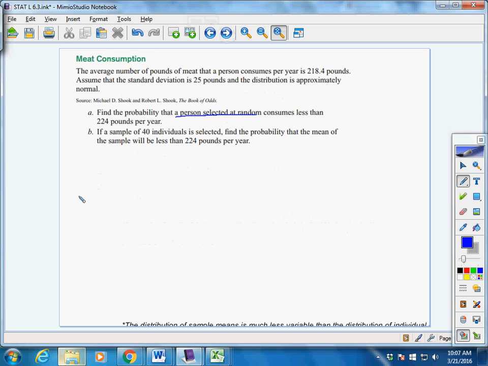Again, it says approximately normal. It says that the average number of pounds a person consumes is 218.4, and we want to know that this single person right here consumes less than 224. So we're looking for all the data over here.